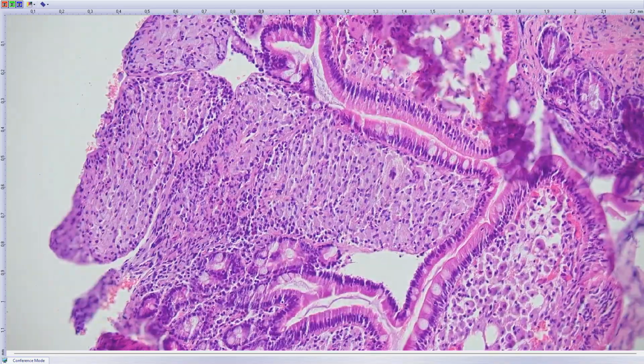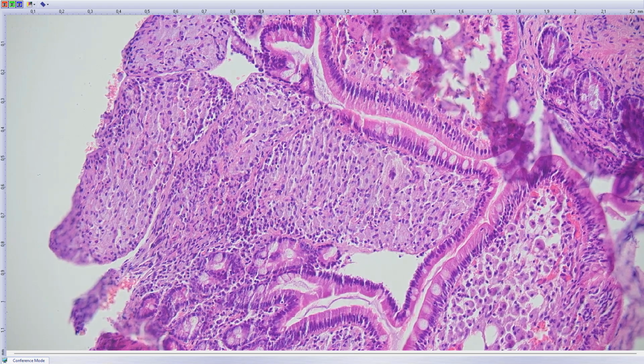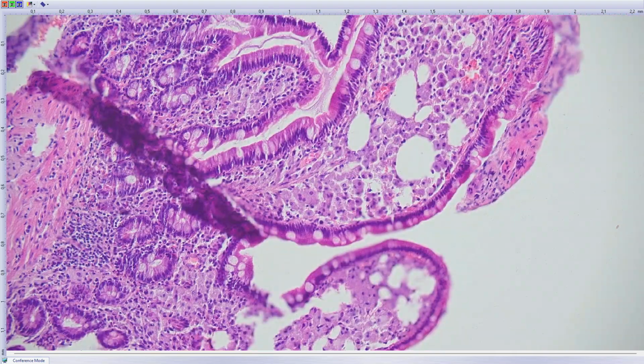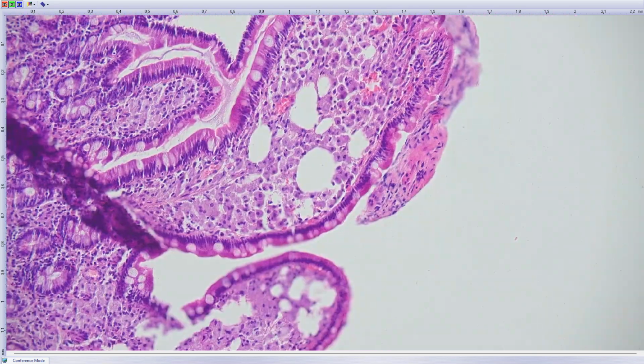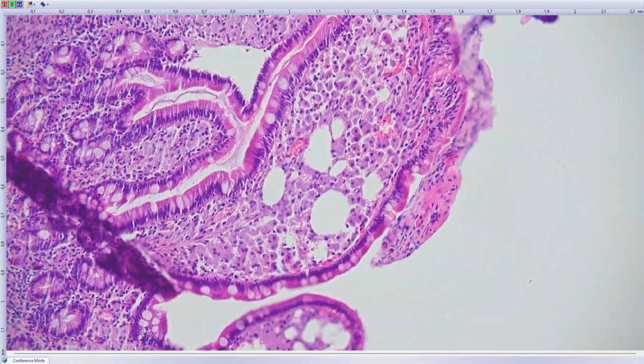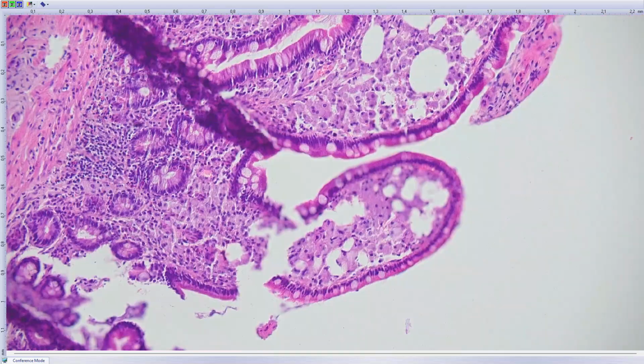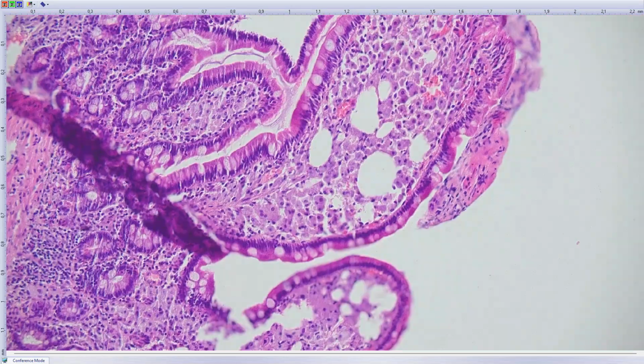If you stain these macrophages by histochemical stains, you will have very strong PAS positivity, and this is a very typical example of Whipple disease caused by Tropheryma whipplei, which is an intracellular bacteria causing this accumulation of foamy bacteria-packed macrophages.